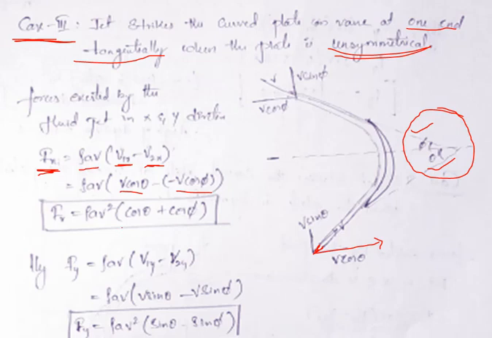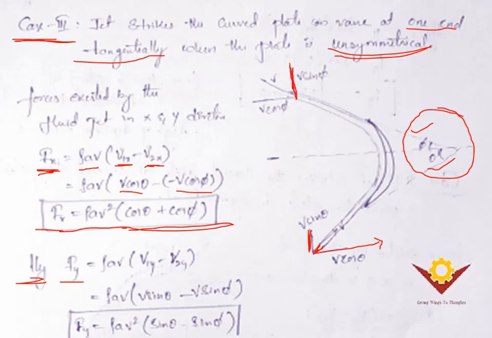If you simplify this, you will get the force in the x direction is rho a v square into cos theta plus cos pi. Clear?